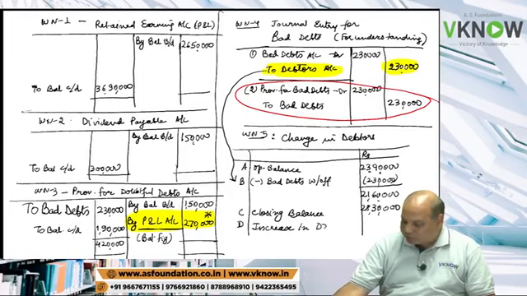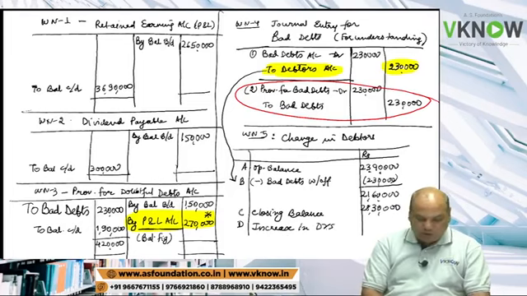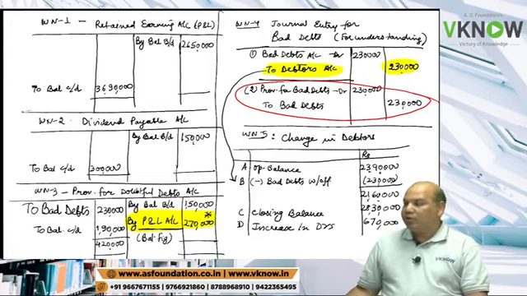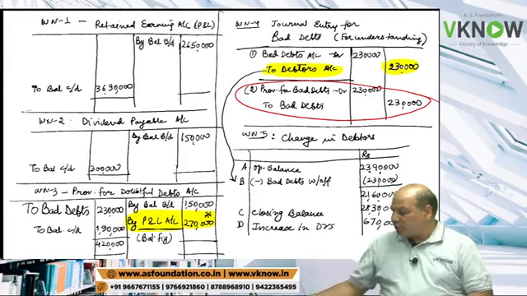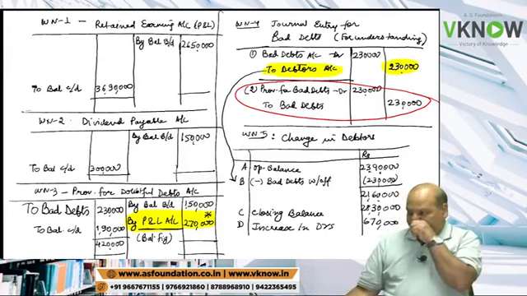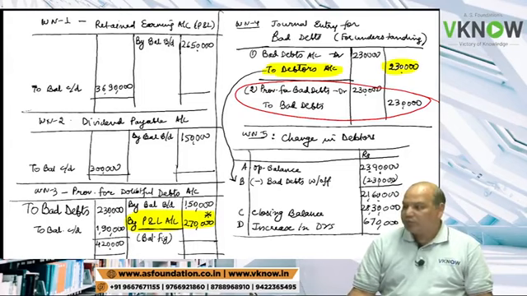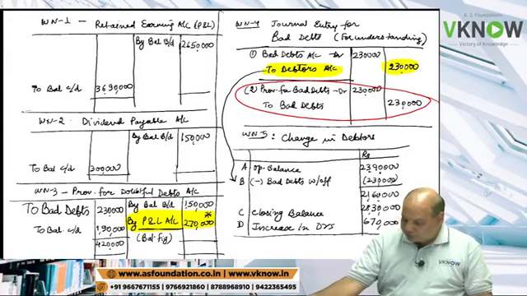Increase in debtor is equal to 6 lakh 70,000.